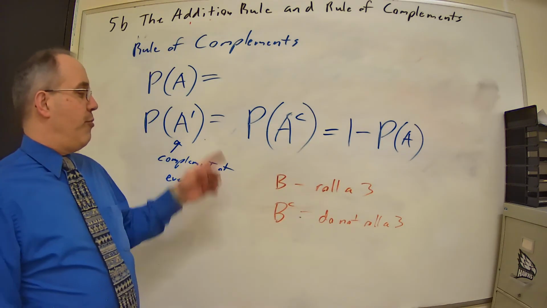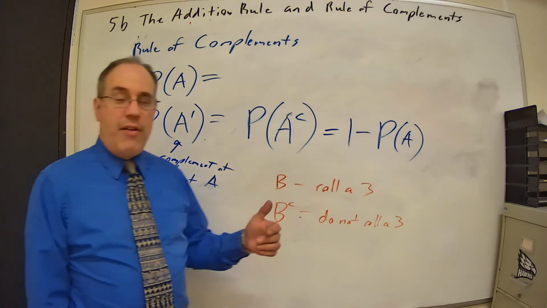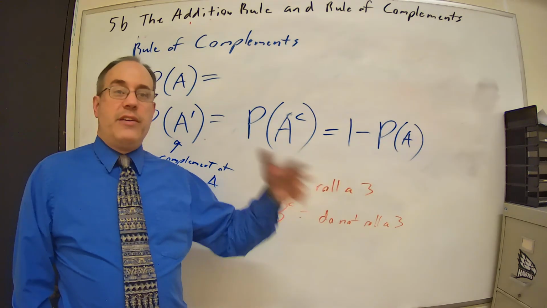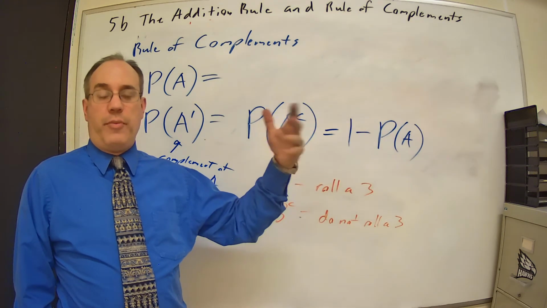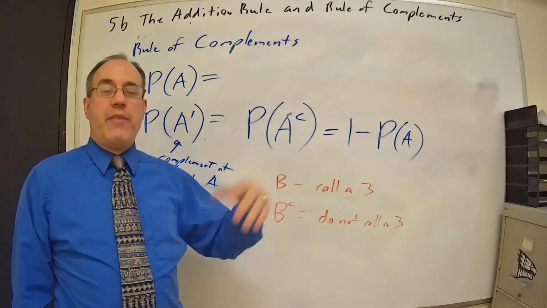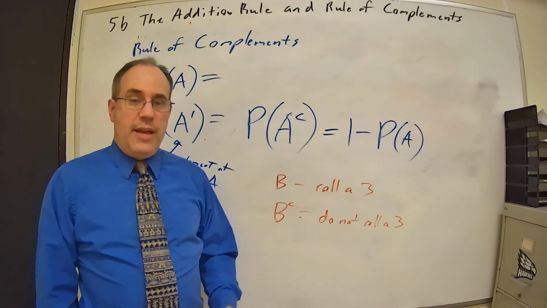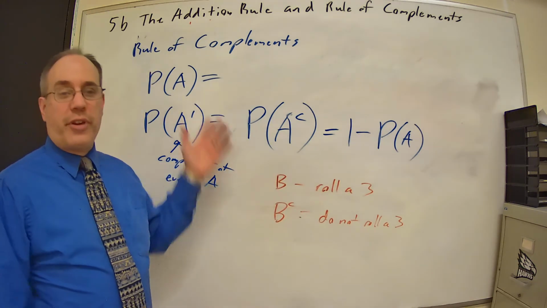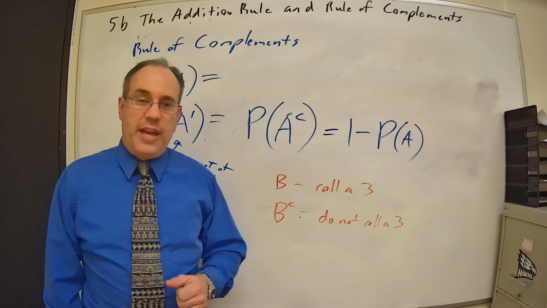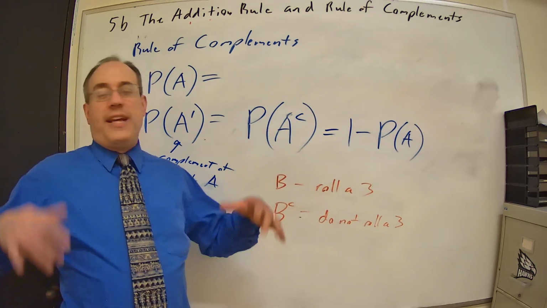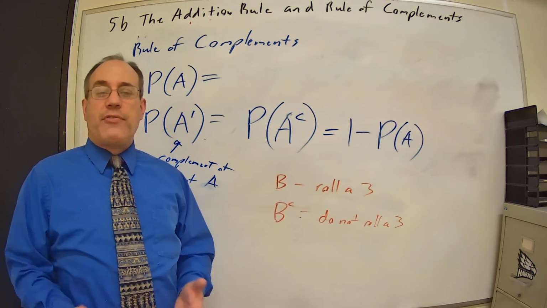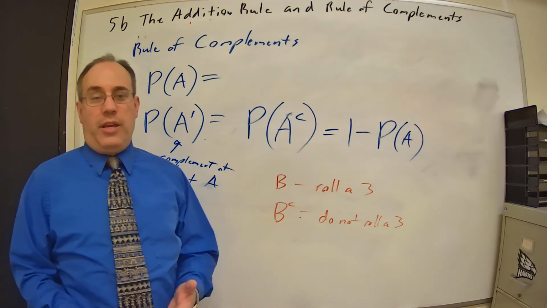So if we have event A is flipping a coin and getting heads, then event B is not getting a heads. It's kind of like the other category when we're dealing with categorical data, that we do it as a catch-all. You don't have to worry about missing a possibility.